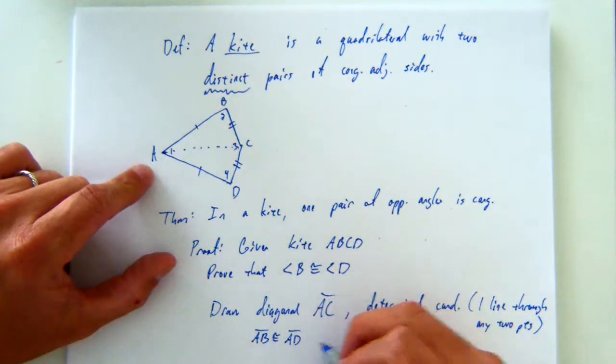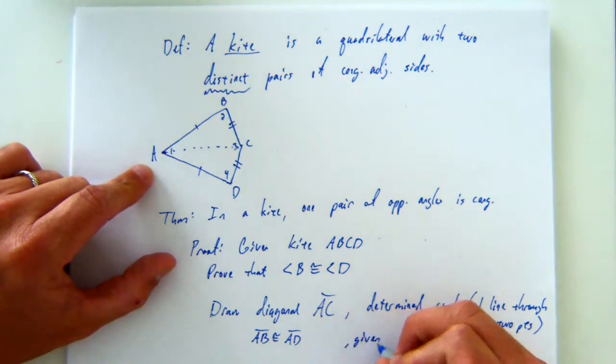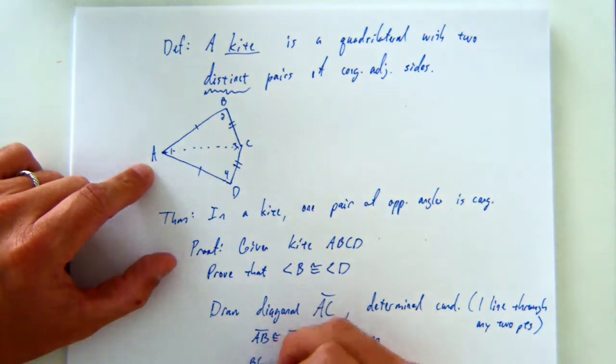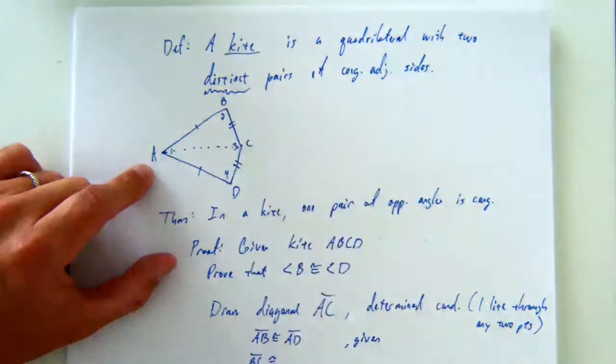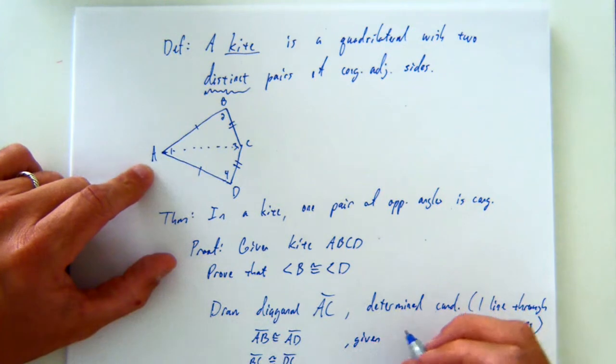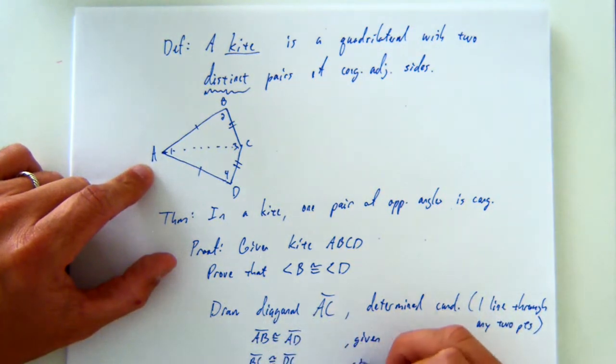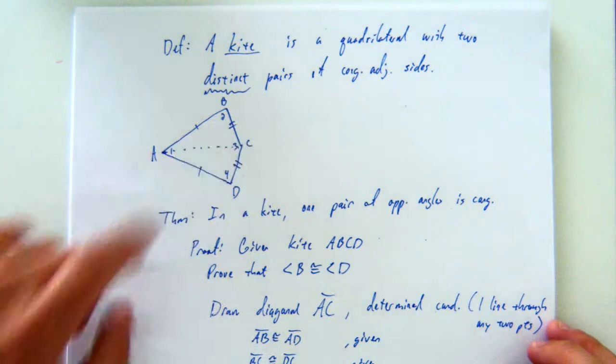Also, we know this was given. We also can see that BC is congruent to DC, but this was also given. When we draw this diagonal AC, we can use our identity property. AC is congruent to AC.